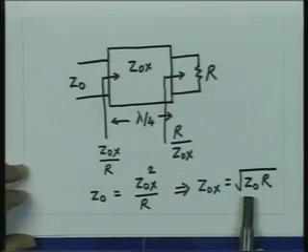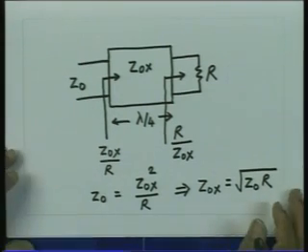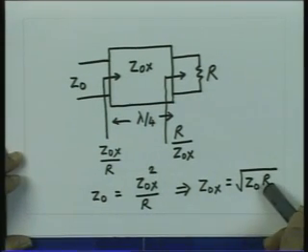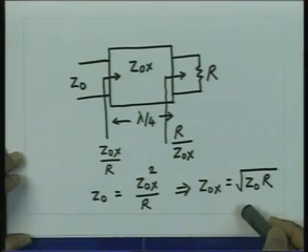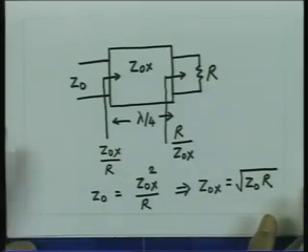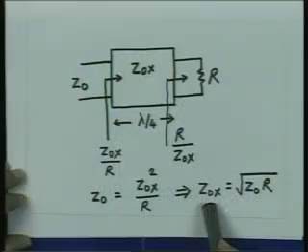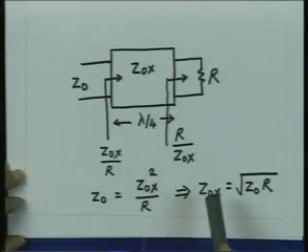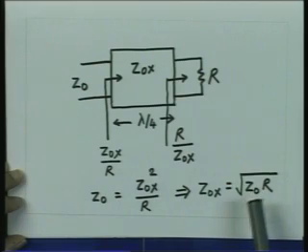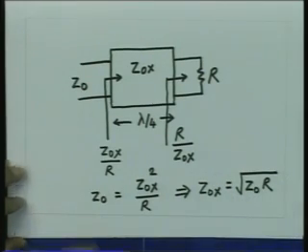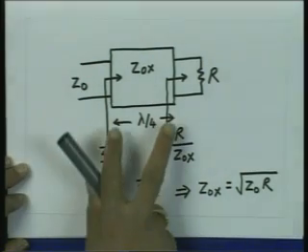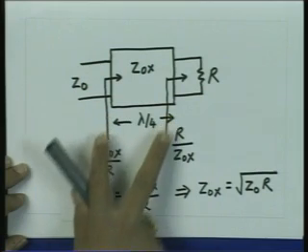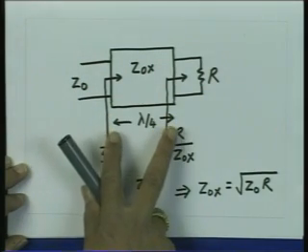So, this is now in general true that if I have two resistances to be matched, R1, R2, or one of the resistance R and the characteristic impedance Z0, or two cables having characteristic impedances Z01 and Z02, the transforming section must have a characteristic impedance which is the geometric mean of these two resistances, and the length of this section should be a quarter wavelength or lambda by 4.